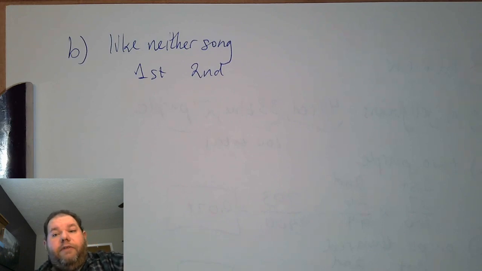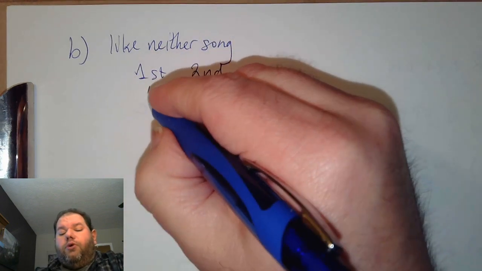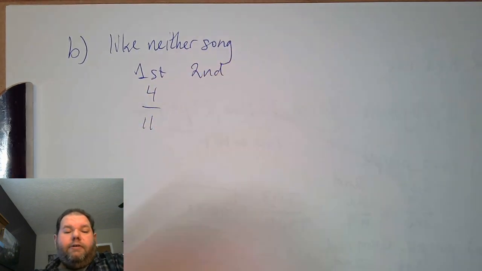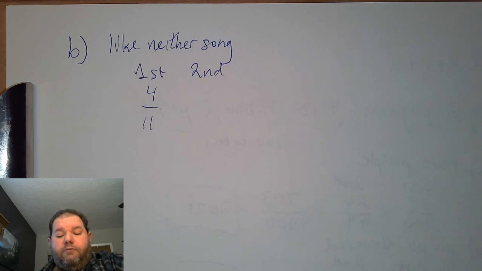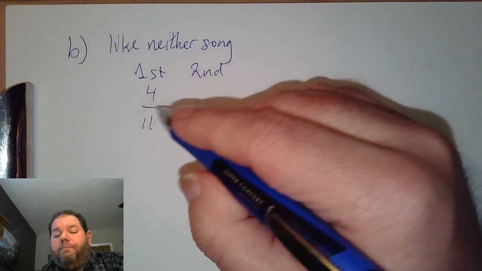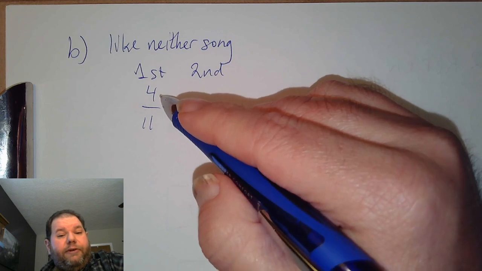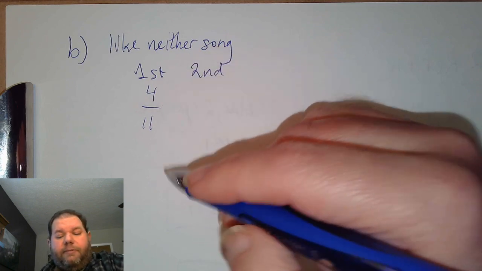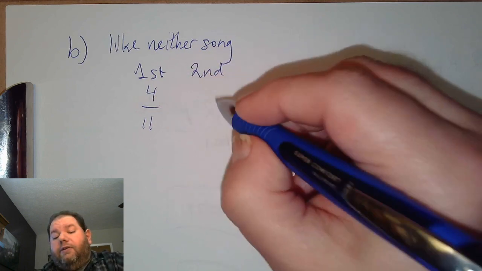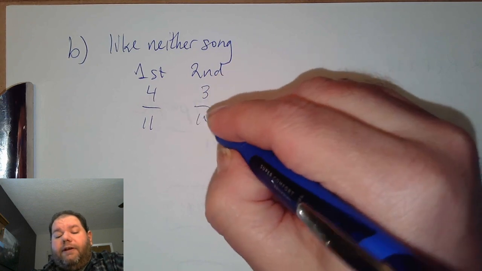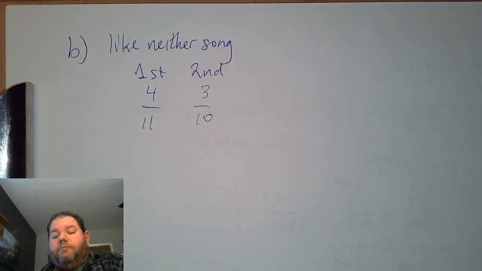Now, of the 11 songs in the playlist, we dislike 4 of them, so there's a 4 out of 11 chance that we dislike the first song. We'll press skip and move on to the next one. But after we play the first one, that means there's 3 songs left that we dislike of the remaining 10 songs in the playlist. So 3 out of 10 chance we dislike the second one.